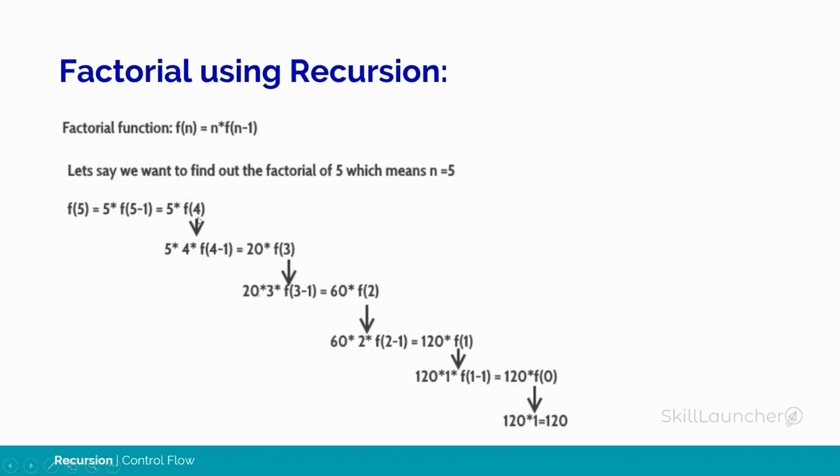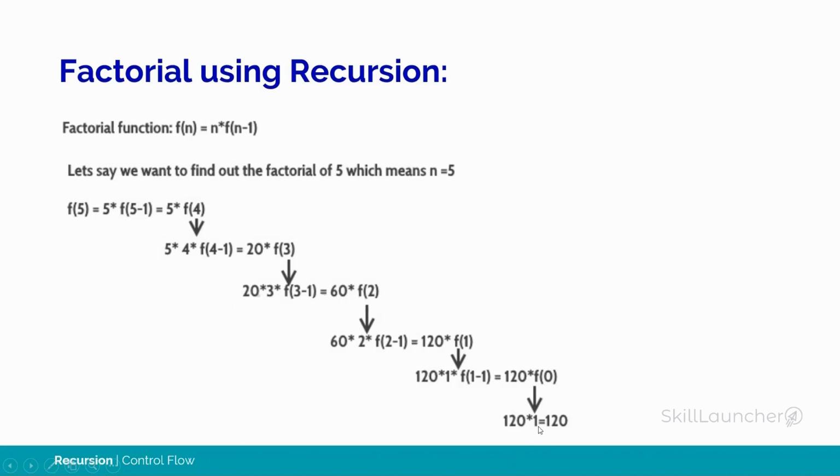Now here factorial of 4 can again be split into 4 into factorial of 3. So it gives 20 into factorial of 3. Now factorial of 3 can be again split as 3 into factorial of 3 minus 1, that is factorial of 2. It results in 60 into factorial of 2. We continue this process till we reach 0 and we get the answer as 120.